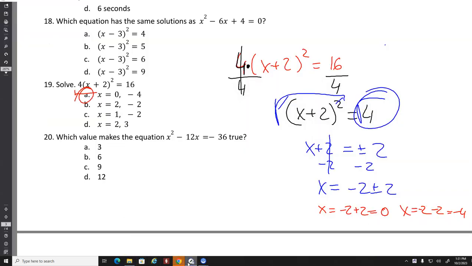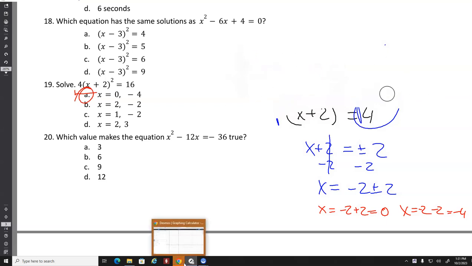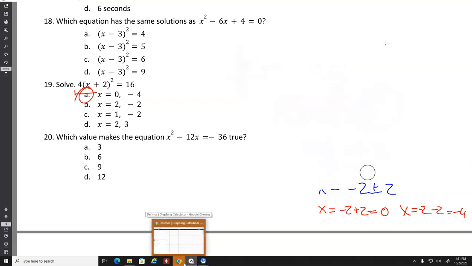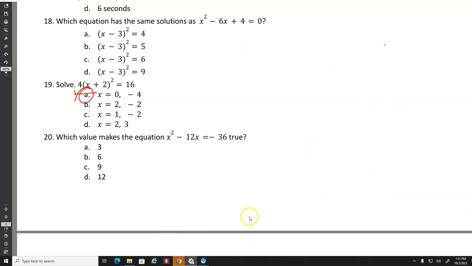So let's go back to now question 20. Again, you can solve it and check your answers in Desmos again to make sure that they are correct. We don't want you to rely on just Desmos. We want you to also know how to solve it. So if I want to solve that, I'm going to move the 36 to the other side. So I get x squared minus 12x equals plus 36, okay?